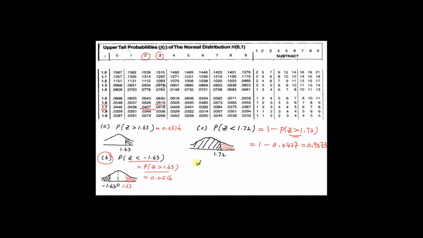So part D now, if I want to find the probability Z more than negative 1.72. You know that negative numbers are not given in the table. First step, you still shade your region. Negative 1.72. So you need to find this area here. Because of the symmetrical nature, this shaded region is the same as the shaded region here.